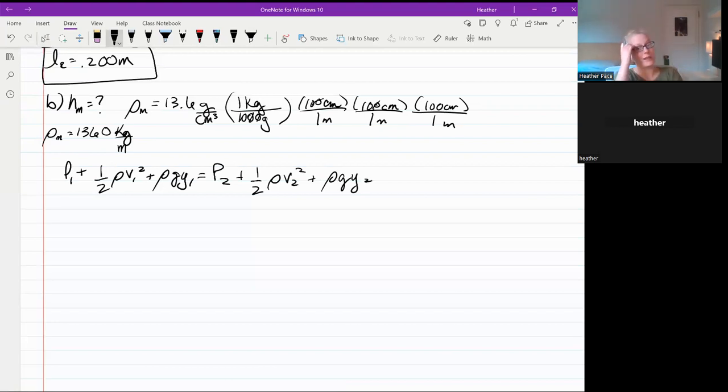Let's see if we can get rid of anything right away and make this simpler, because this looks like we can't solve it right now. So 1/2 rho V1 squared, well, V1 is going to be 0, because it's level for 1.